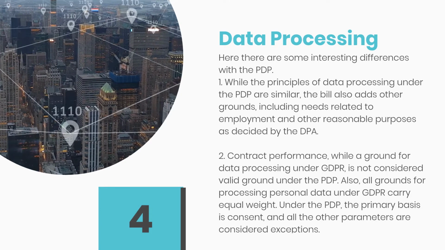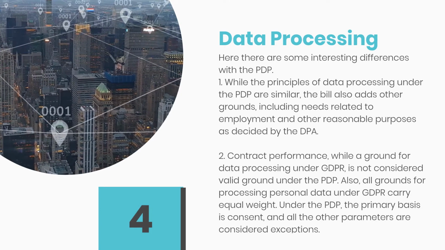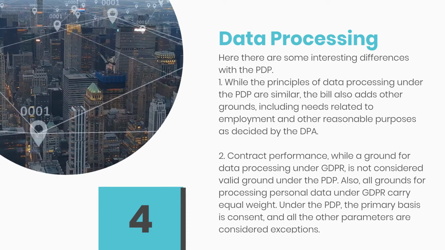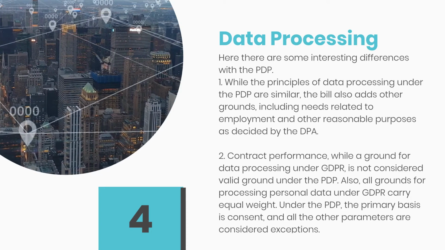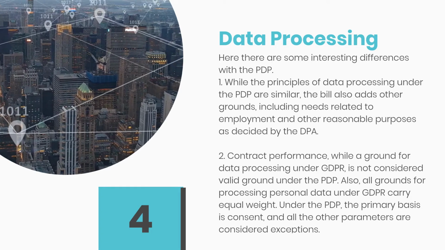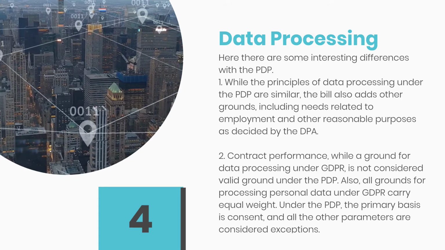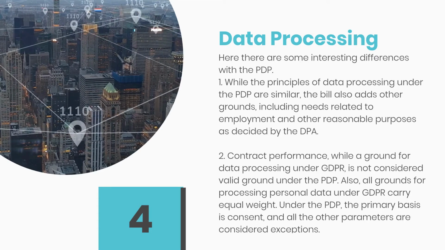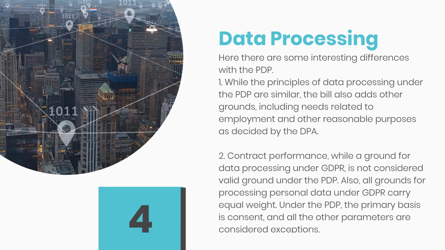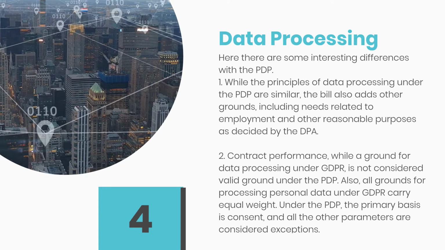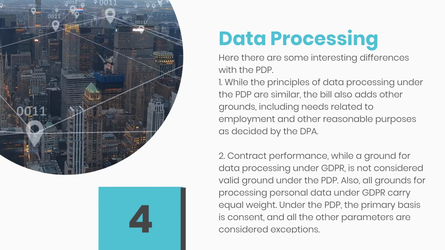While the principles of data processing under the PDP are similar, the bill also adds other grounds, including needs related to employment and other reasonable purposes as decided by the DPA. Contract performance, while a ground for data processing under GDPR, is not considered a valid ground under the PDP. Also, all grounds for processing personal data under GDPR carry equal weight. Under the PDP, the primary basis is consent, and all the other parameters are considered exceptions.